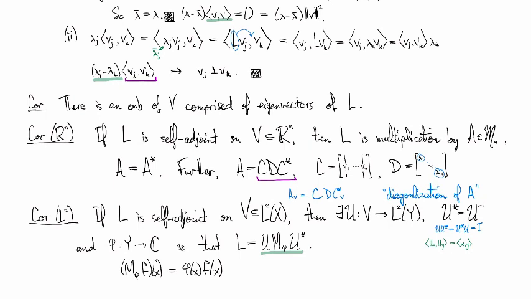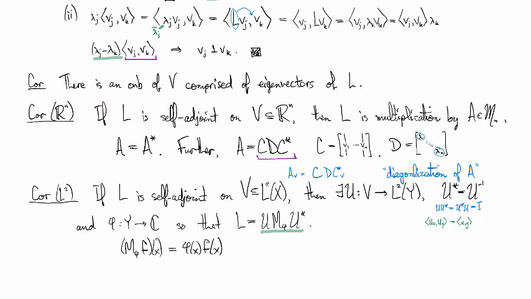Oh, and I almost forgot. This explains a whole bunch of stuff that we've been seeing. In fact, the Fourier transform, or Fourier series, is the diagonalization of the derivative operator.